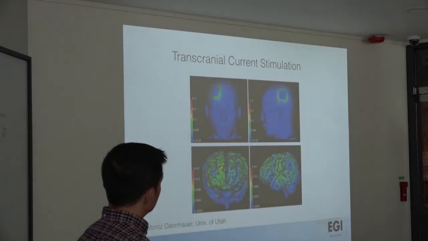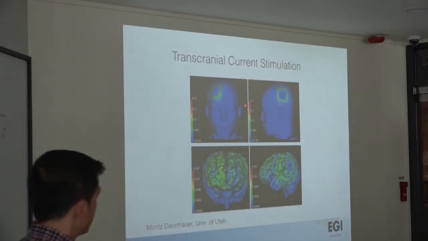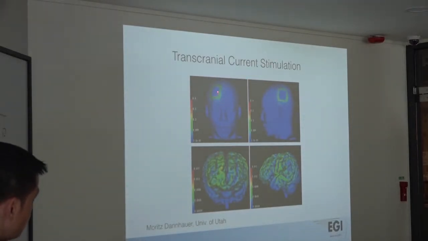So transcranial current stimulation involves the placement of big patch electrodes in 2 different locations. And you pass current through these 2 electrodes. And as current flows through the head, the current distribution builds up at some site in the cortex.